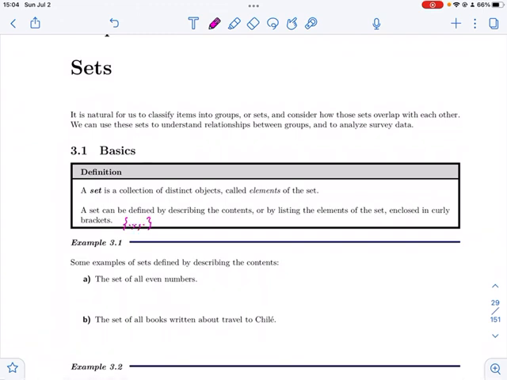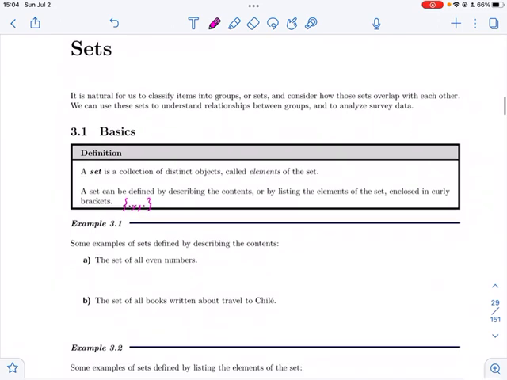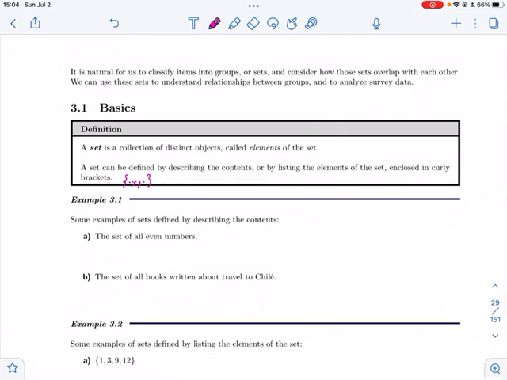Now, we have some examples of sets defined by describing the contents. For example, the set of all even numbers. Even numbers, for example, 0, 2, 4, 6. These are called even numbers. They can be divided by 2. If we use the set notation, the curly brackets, we can write it this way.